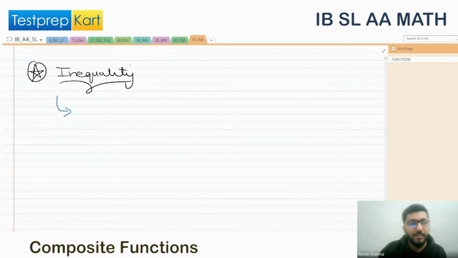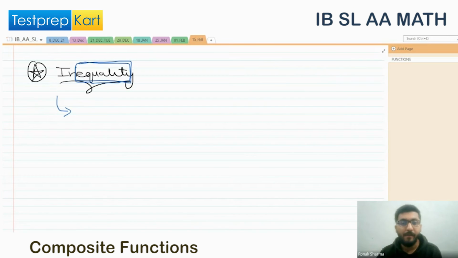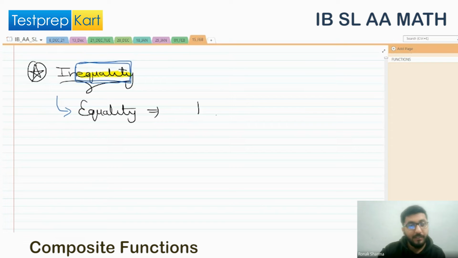See, we know what equality is. I'm not talking about social equality, I'm talking about mathematical equality. What is equality in your words? Yes, that means the left hand side is always equal to the right hand side.